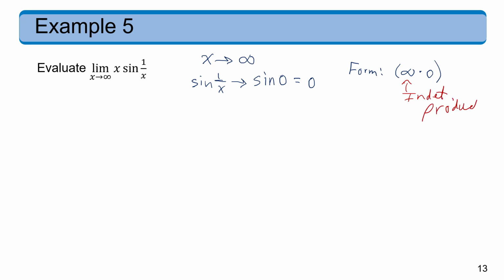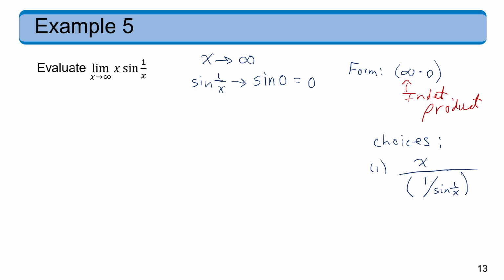Okay, so we know the strategy for this. We're going to rewrite our product as a fraction. So one option is to keep x in the numerator and move the sine function to the denominator, but we would have to put its reciprocal in the denominator.